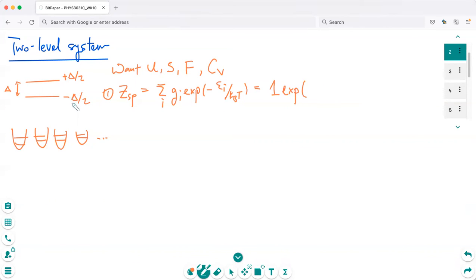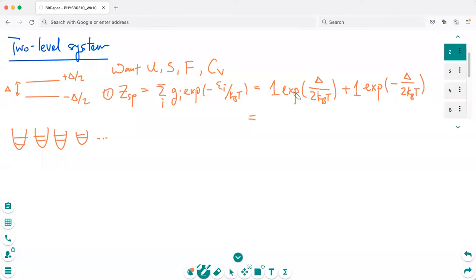So I can use a single particle here, and the levels are not degenerate. For the first one, the lower energy one, I will have E1 equal to minus delta over 2, in the exponent with k_B T. And for the higher energy one, I will have this. Now you can stop here and manipulate your exponentials, or you can use hyperbolic trigonometry, which is the one I will use.